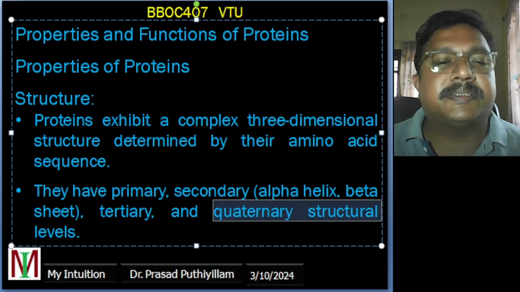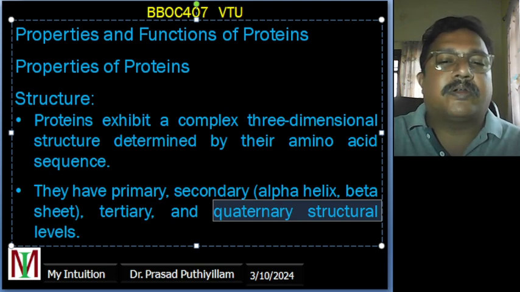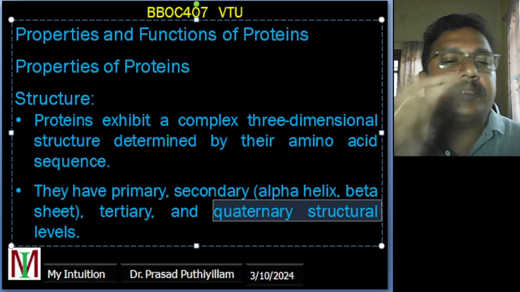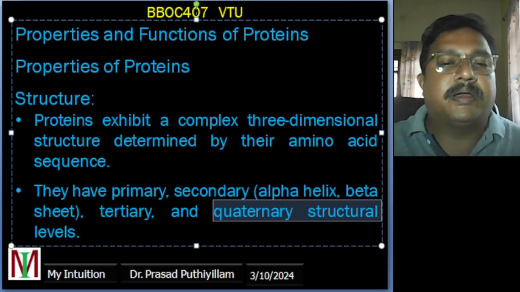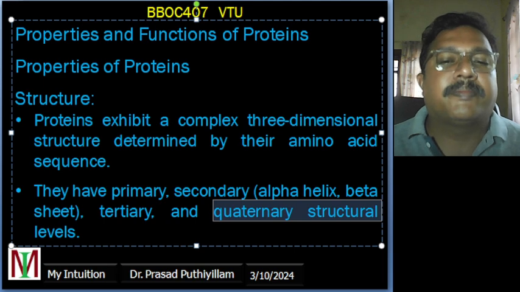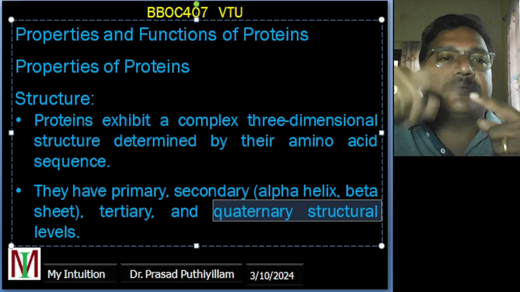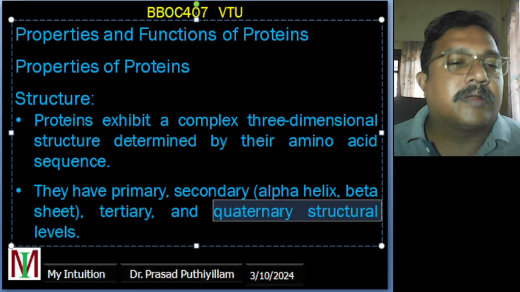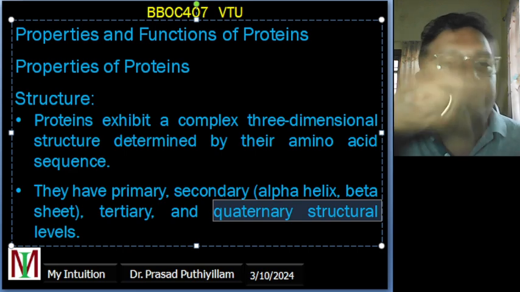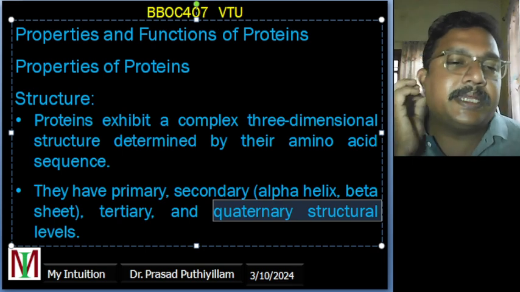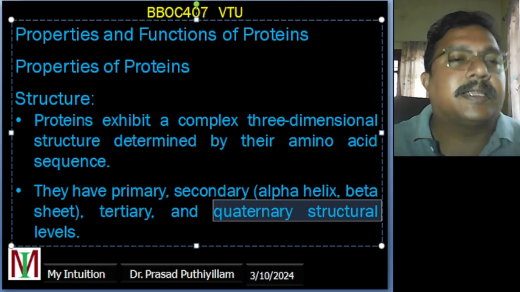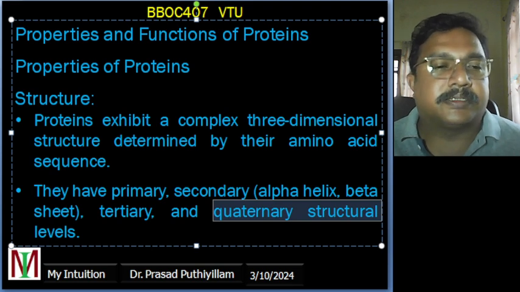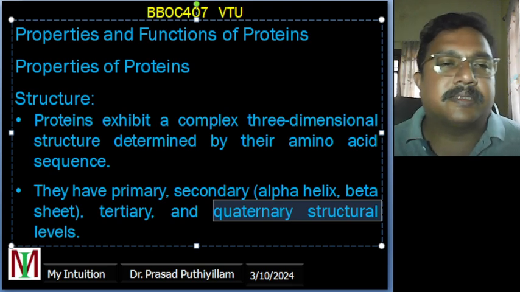Primary is very simple: the sequence of amino acids, like the order of beads on a string. In secondary structure, the protein chain further folds like a spiral, called an alpha helix, or as a sheet, called a beta sheet. Tertiary is the final three-dimensional fold of the protein, like the overall shape of the necklace I mentioned in the beginning.